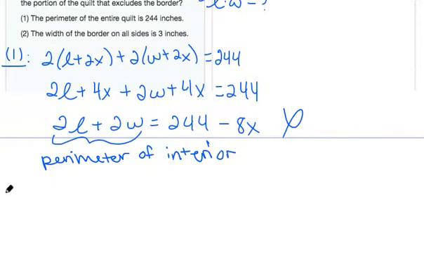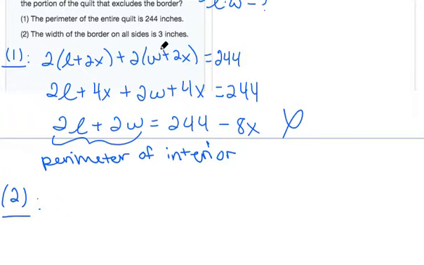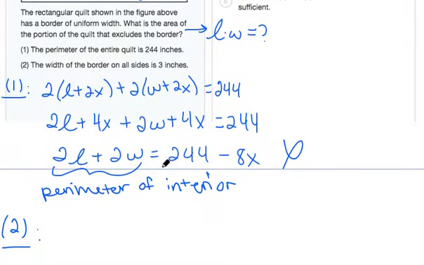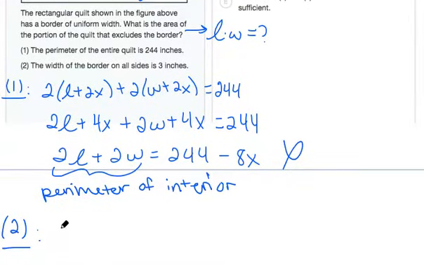Considering statement 2, we're told that the width of the border on all sides is 3 inches. Looking at our picture that we labeled, that corresponds to X. So we're given that X is equal to 3.